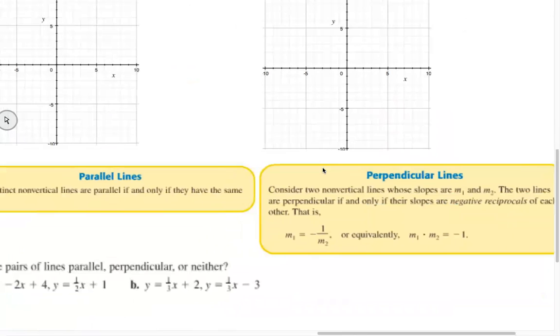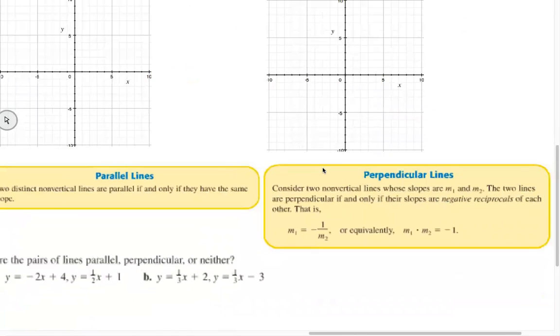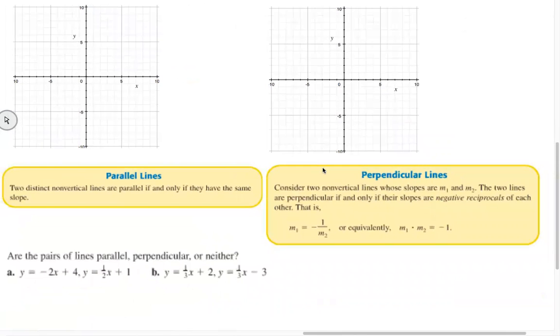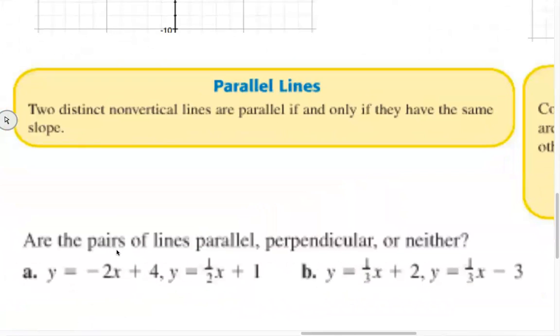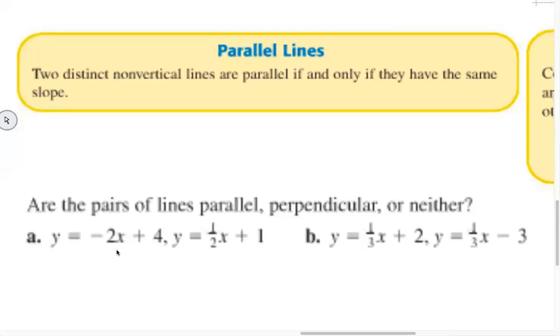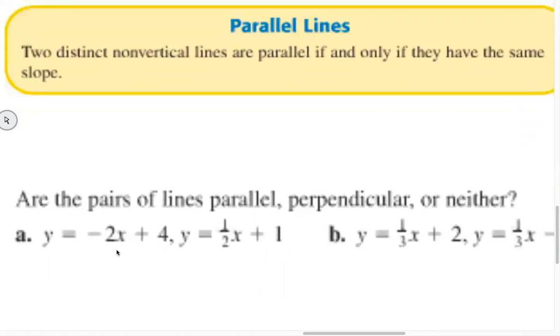All right, the yellow boxes. Just a recap: two distinct non-vertical lines are parallel if and only if they have the same slope. Perpendicular lines have slopes that are opposite reciprocals. They give you a little graphic of that. Let's go down here. Are the lines parallel, perpendicular, or neither?